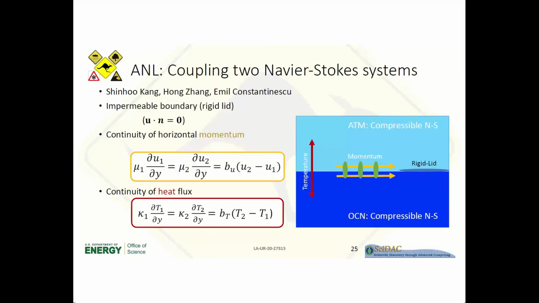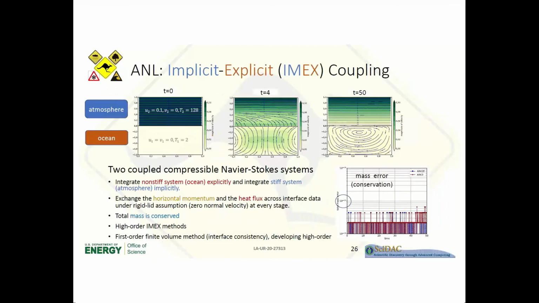So another example of this is a group at Oregon that have been looking at coupled compressible Navier-Stokes. And their simplification came at the boundary, looking at rigid lid. So using this simple configuration, they're testing a variety of implicit, explicit, mixed schemes.